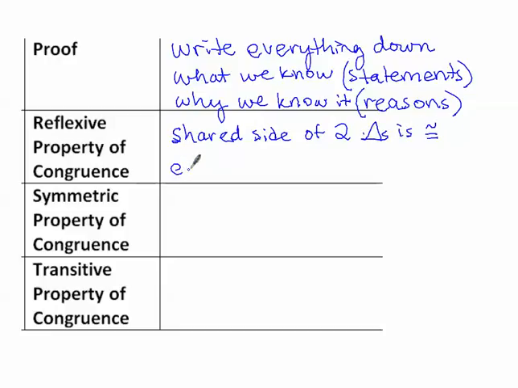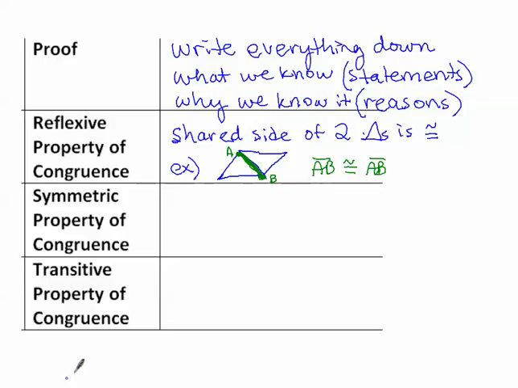For example, in a picture, I may have one triangle, and here's another triangle that's touching it, and this side is congruent in both triangles. Let's name the endpoints of this side A and B, and I would say side AB is congruent to side AB by the reflexive property.